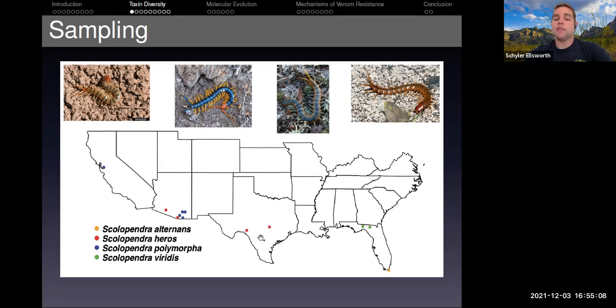So these centipedes that are found in Texas have both vertebrate and invertebrate prey. They've been found to eat lizards and other various types of invertebrates, but most centipedes are known to be generalistic predators. We don't know a lot about their specific diets, but that's actually one thing that we're writing a grant to look more into right now.